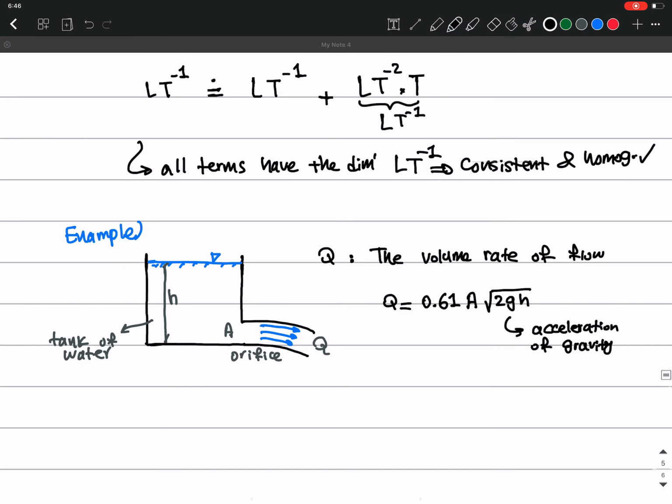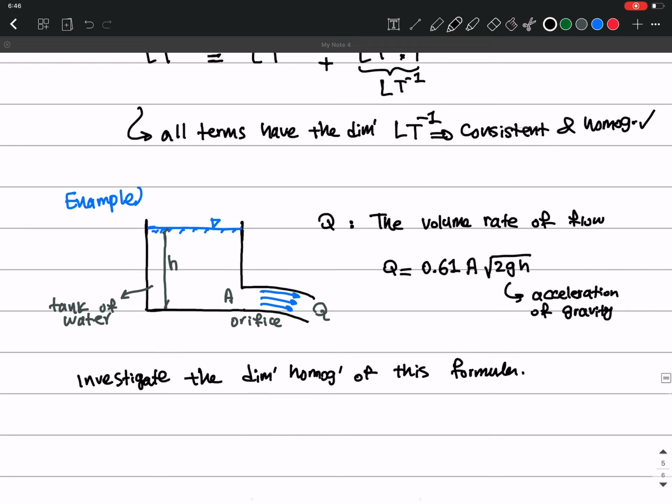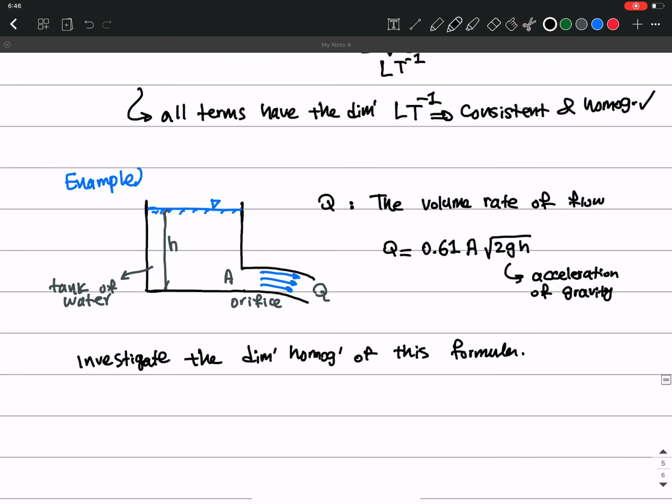Okay. So the question now is to investigate the dimensional homogeneity of this formula. What we want to see is the dimensions of the different terms of this formula.